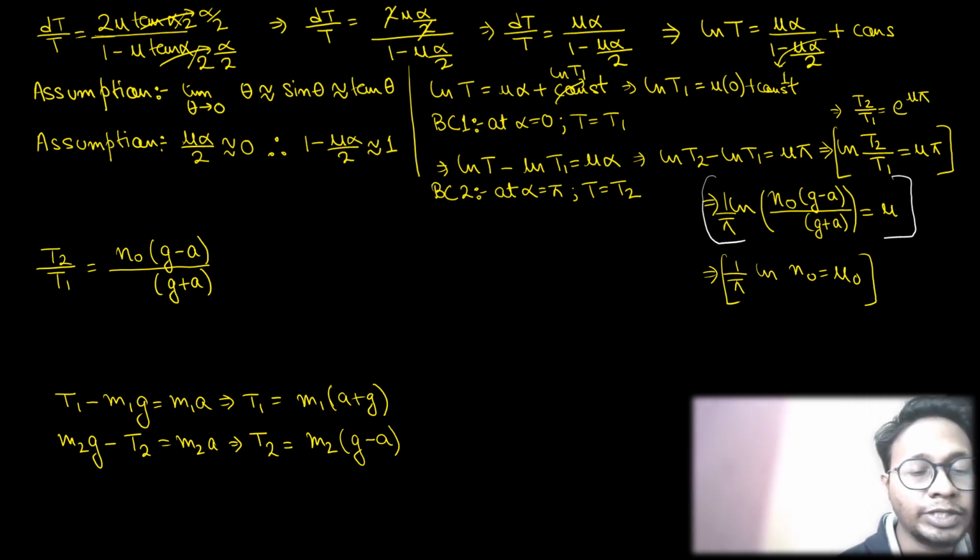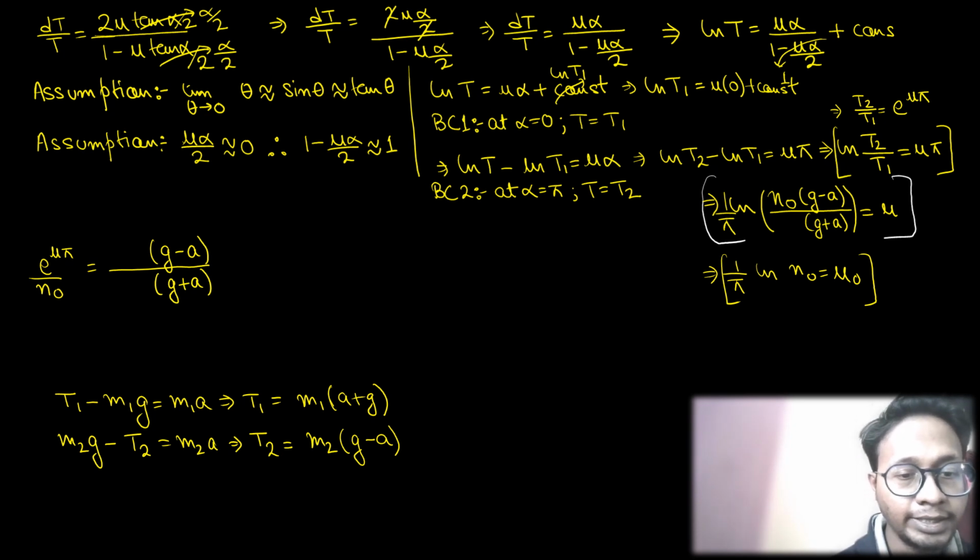So if I substitute T2 by T1 as e to the power mu pi, let's bring this n naught down here. Okay. So A by G.